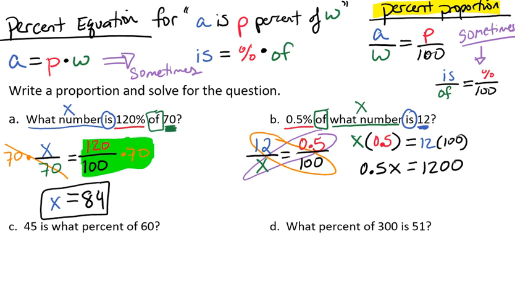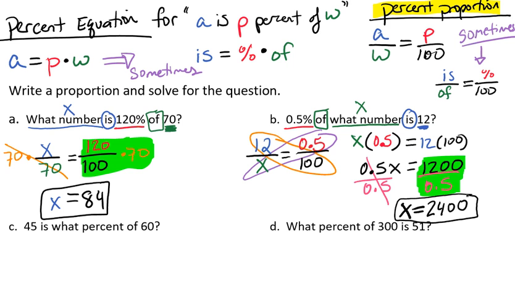To get the x by itself, I need to divide both sides by 0.5. So those cancel out, and I'm going to be left with x equals 2,400. I got that by plugging into my calculator 1,200 divided by 0.5. And so this is my answer.